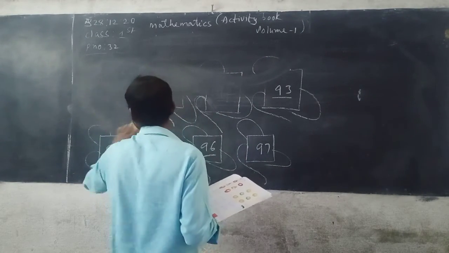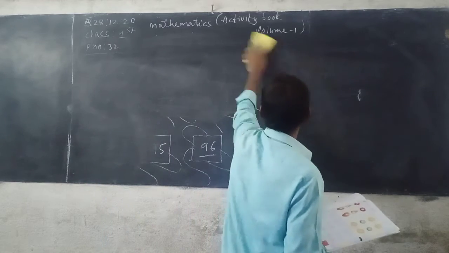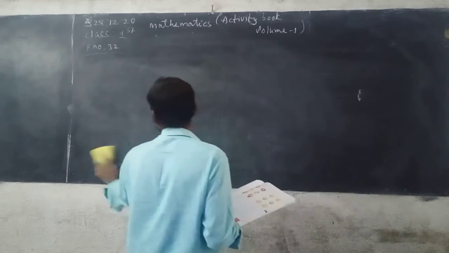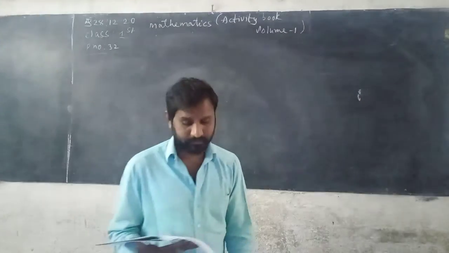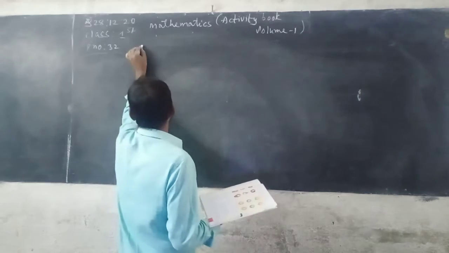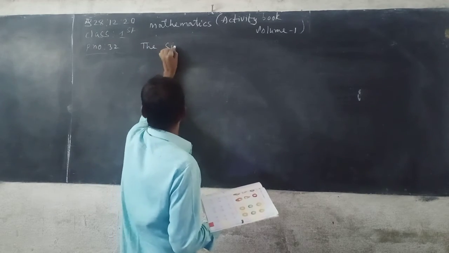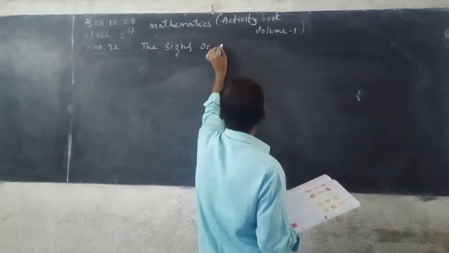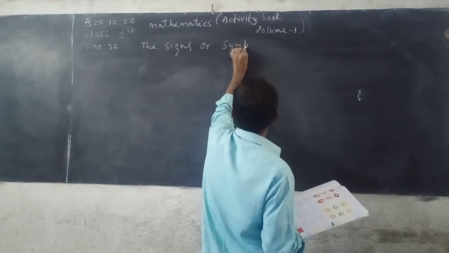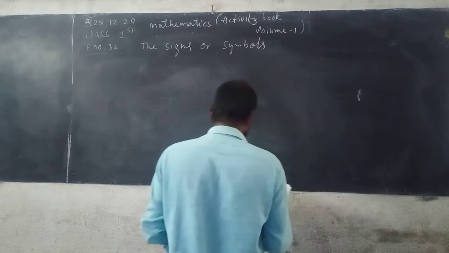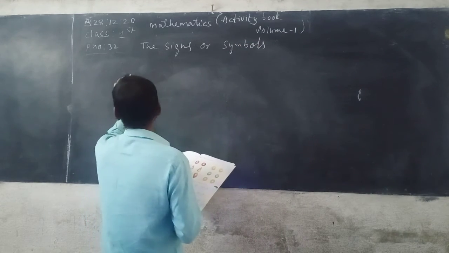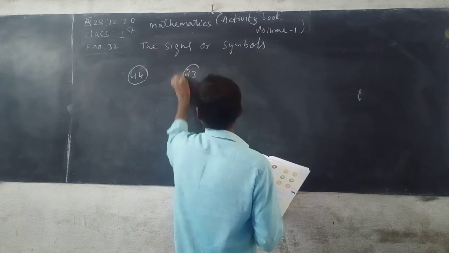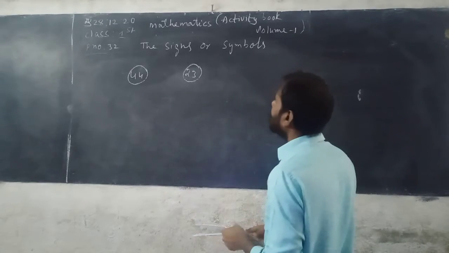Page number 35. See here, 44, beta. Next, 23. So 44 is the bigger number than 23.